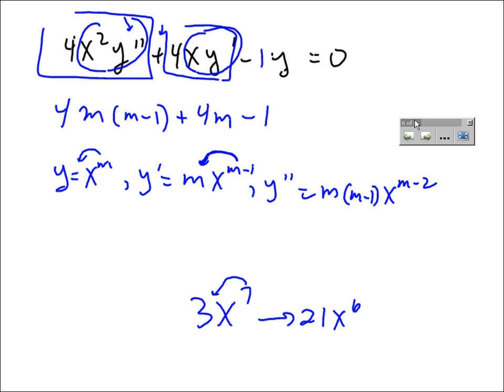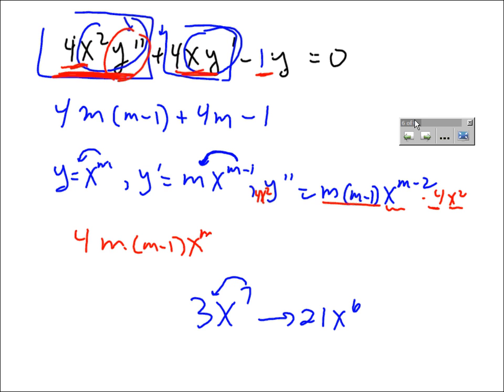Now, when you multiply y double prime by 4x squared, I will get 4, times m, times m minus 1, times x to the m, plus 4x y prime.